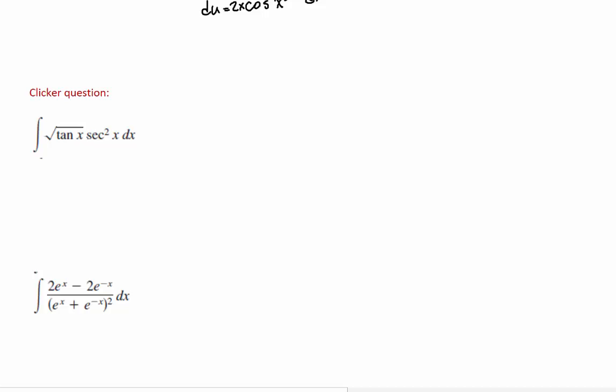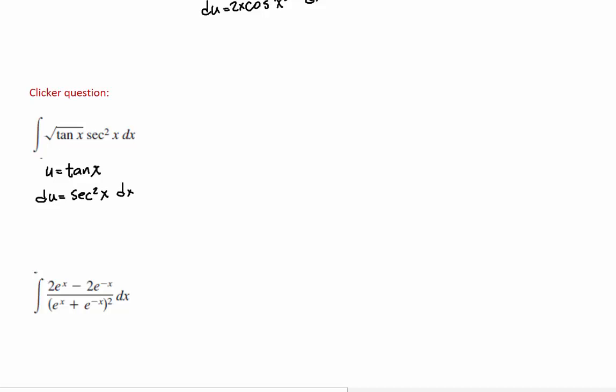So what about this one? Well, the square root of tangent cannot go well. That doesn't seem like a good idea. So let's choose u equals tangent as our u substitution. And what happens is the derivative of the tangent, you get secant squared and then dx.